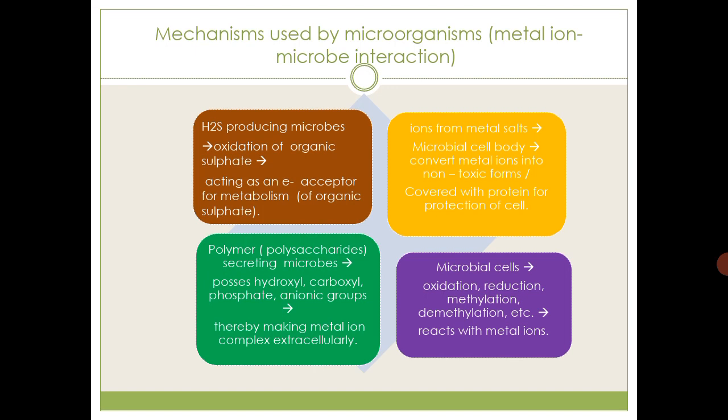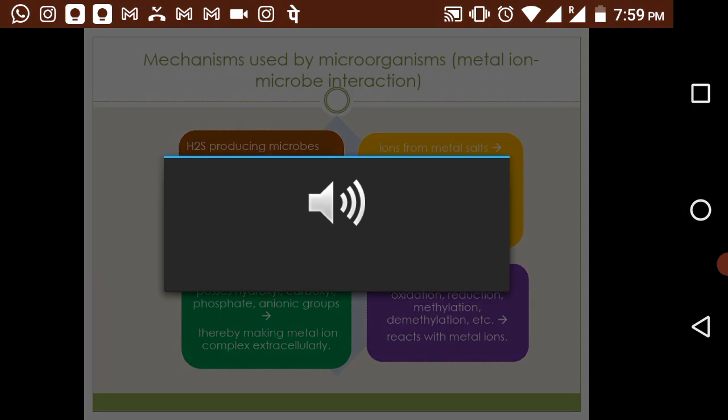We will see them one by one, starting with the brown box: H2S producing microbes. As we know, there are many bacteria that can produce H2S gas. This H2S can react with the organic sulfate present in the environment, and therefore H2S acts as an electron acceptor for metabolizing this organic sulfate, and this mechanism can be used to synthesize nanoparticles.